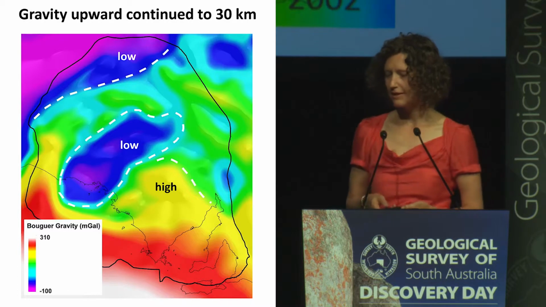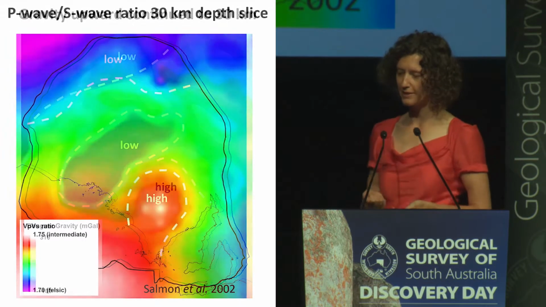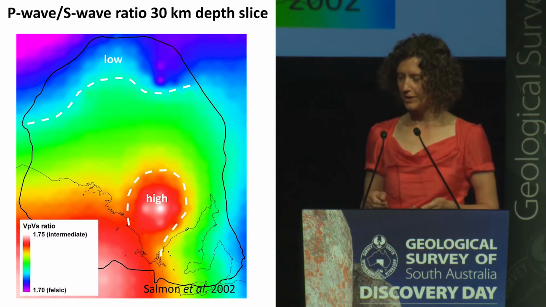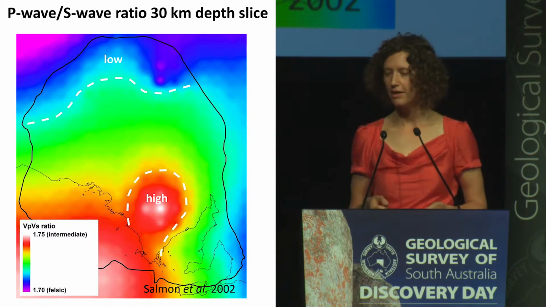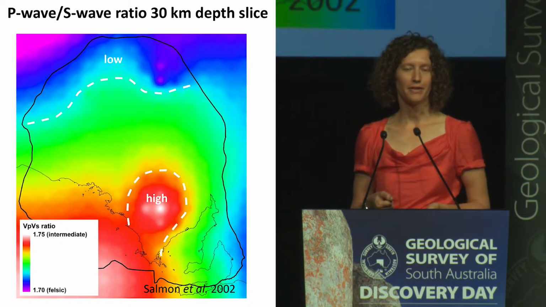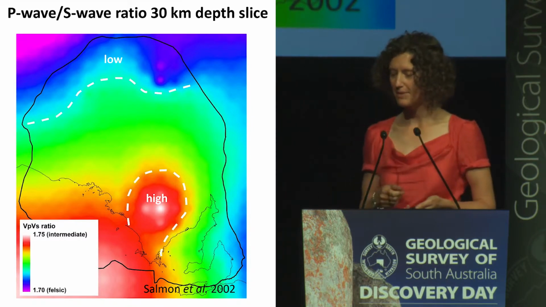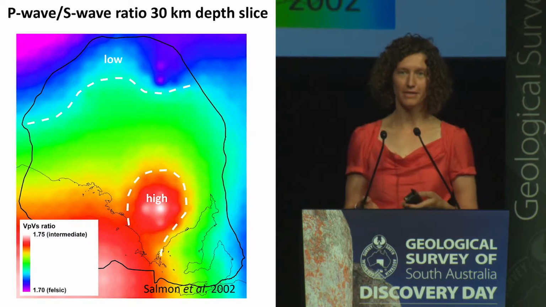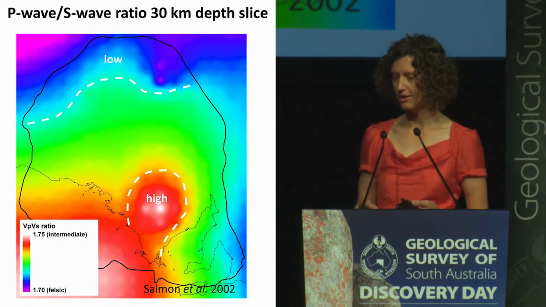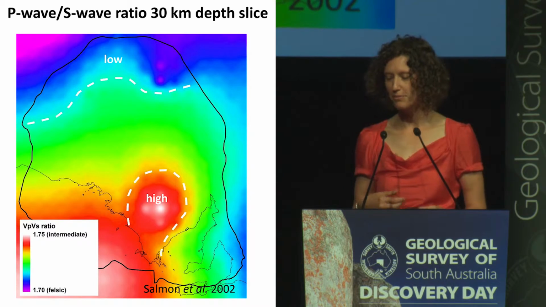And the gravity compares quite well with seismic tomography data. The second plot comes from OSRAM, which is a model of the P wave and S wave speeds. These wave speeds are dependent on temperature and on composition. So the ratio of P and S waves can be a bit of a proxy for composition.